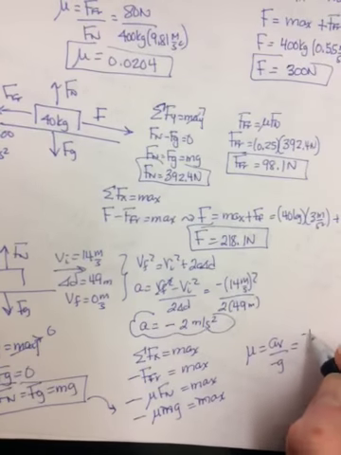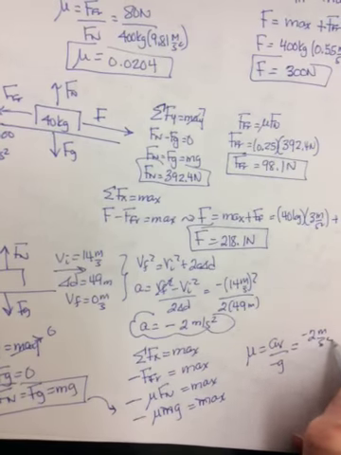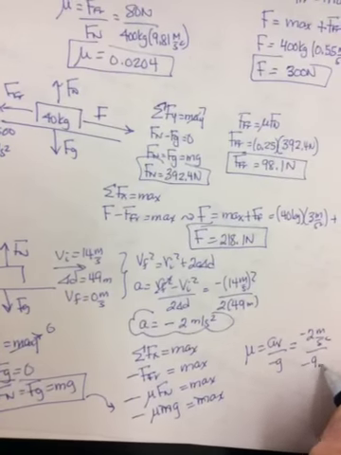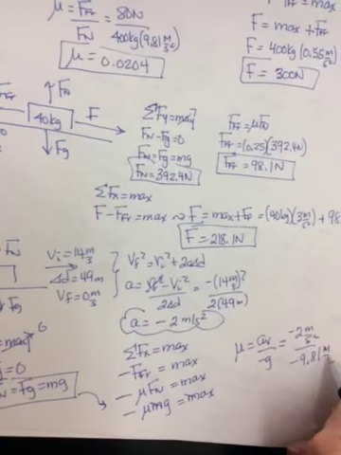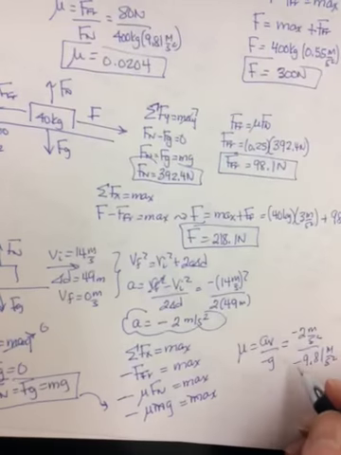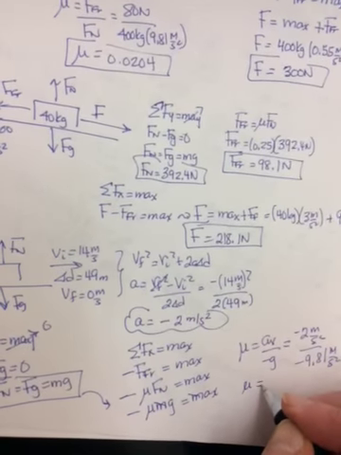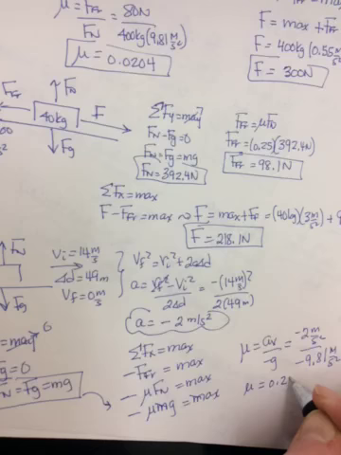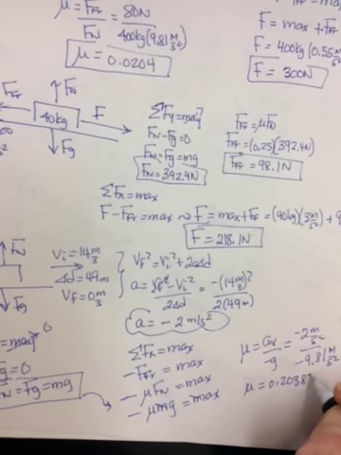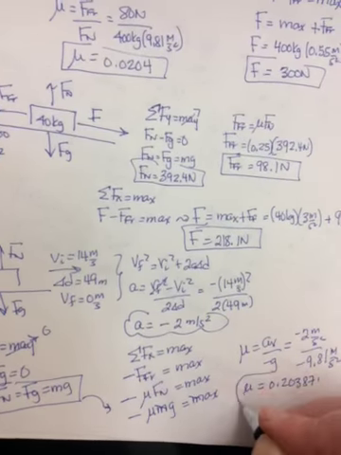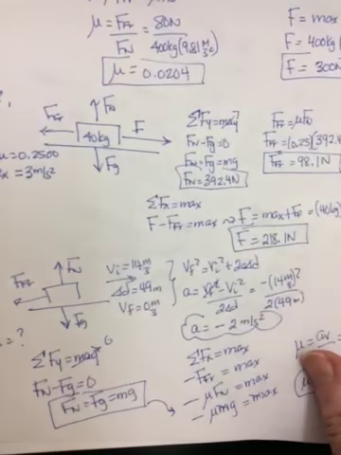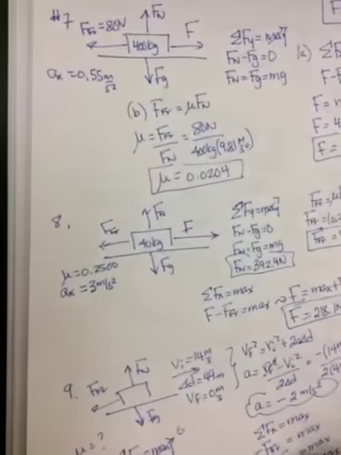The a was negative 2 meters per second squared. The negative g is 9.81, and it's negative as well. So you should end up with a mu of 0.20387. Okay, that was number 9.